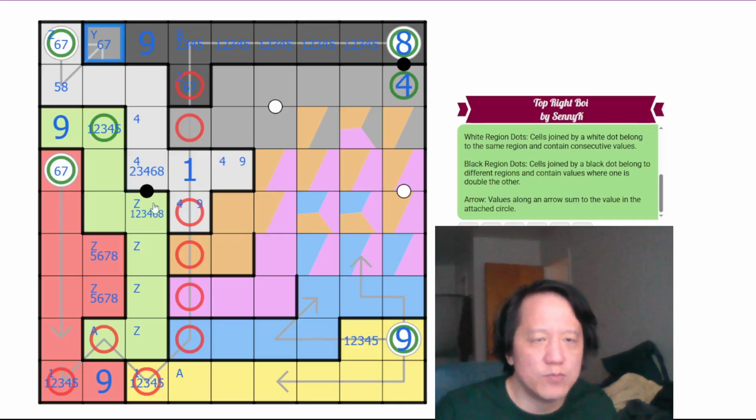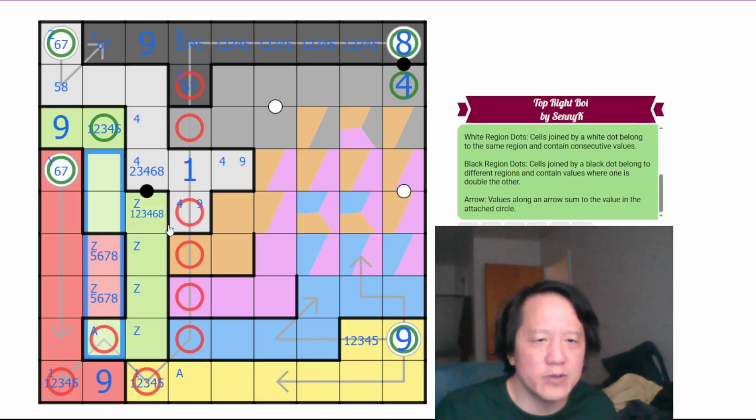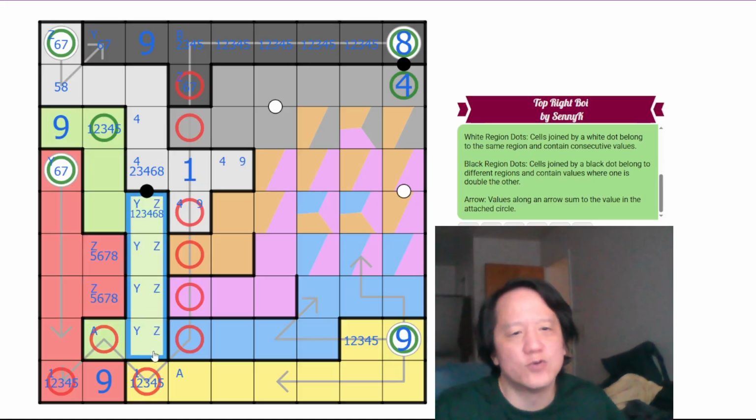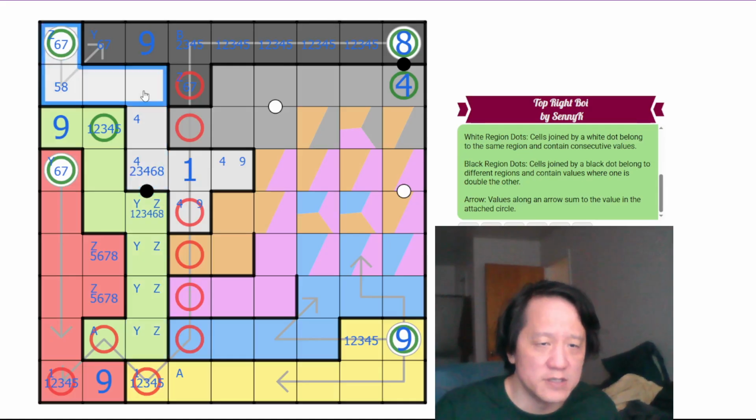We have, this is Y. Y has to be the same as that. Y can't be here, so Y has to be one of these 4 also. Right. So Y cannot be any of these. Z cannot be any of these because this is in the same region.